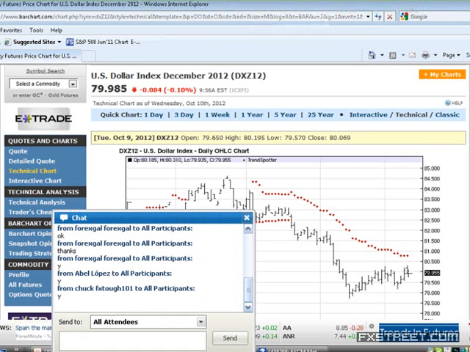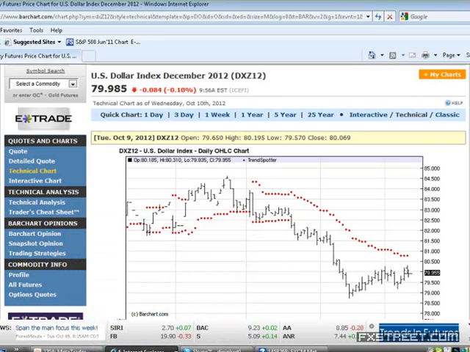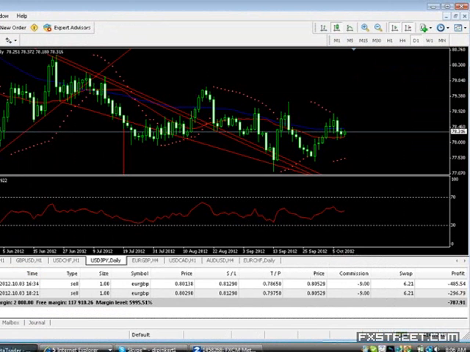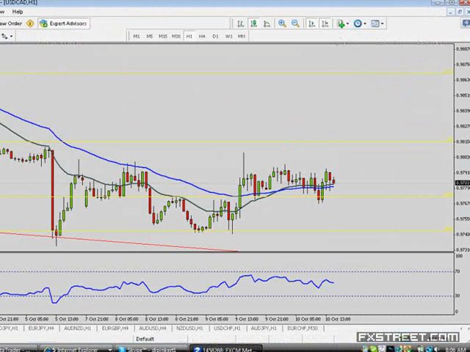And then we'll get to some of the correlation work I do between futures markets and the pairs. Okay? Let's move to that now. Wrong platform. All right, so here's USD CAD. And yesterday the dollar was strong, right?